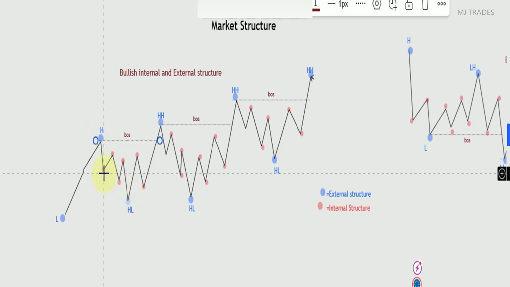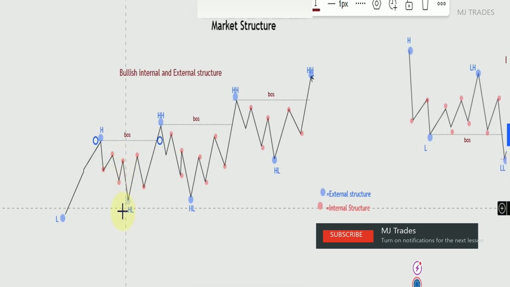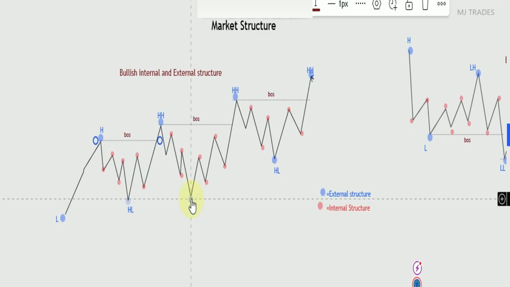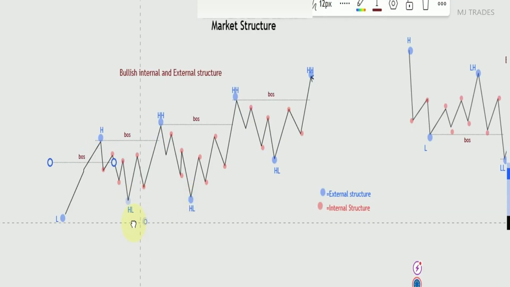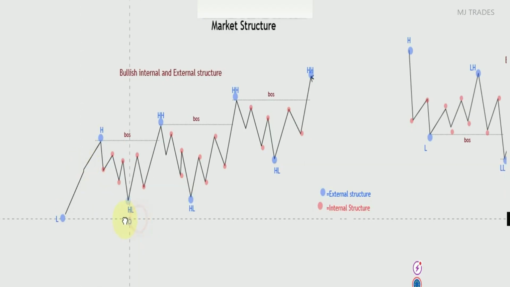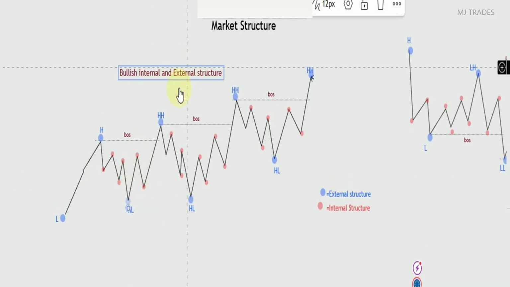Instead, it broke the next low again, and it keeps repeating that over and over again till it got here. This is the last point before it went higher and broke structure.